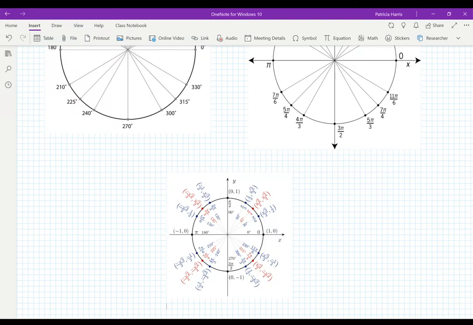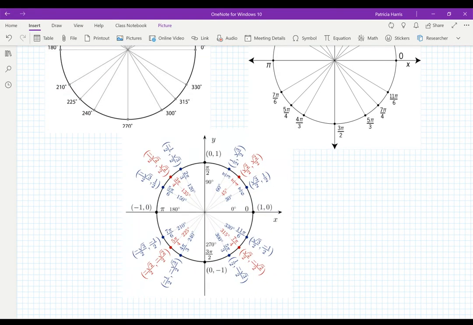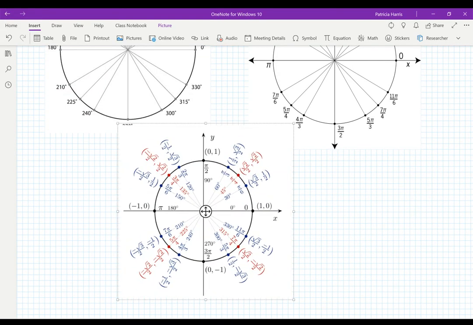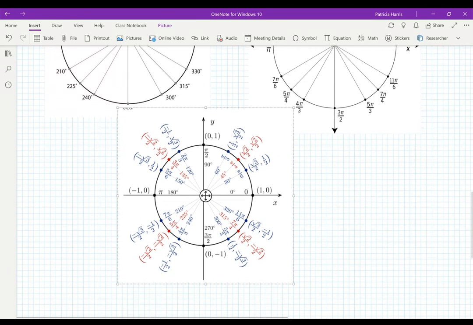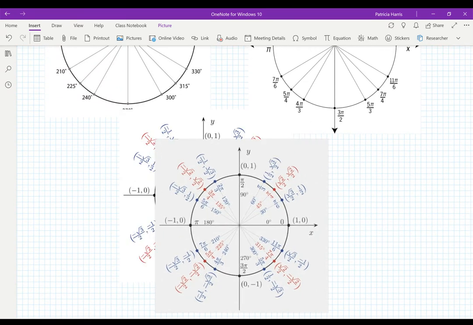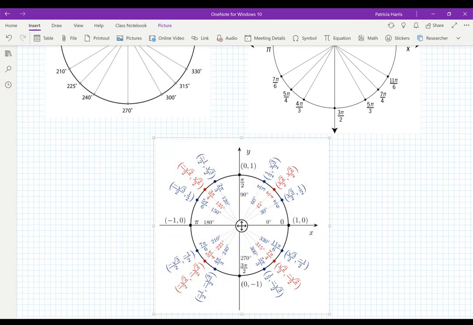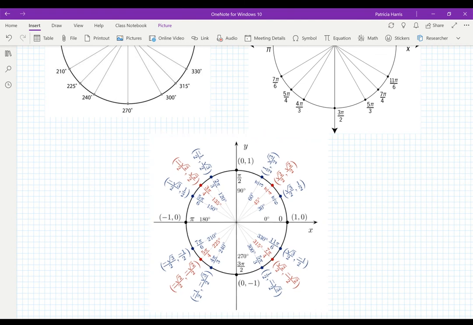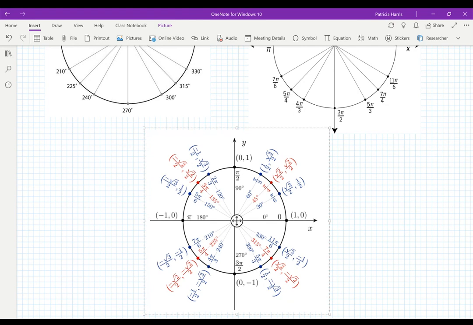So this is the unit circle put together. It has all the point values, all the radian measures that you will be able to use. This is a nice picture that you might want to have available to you until you get really used to the unit circle.